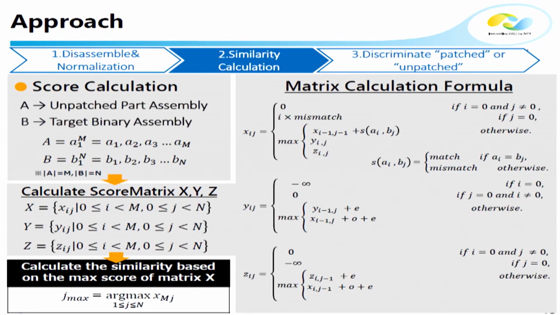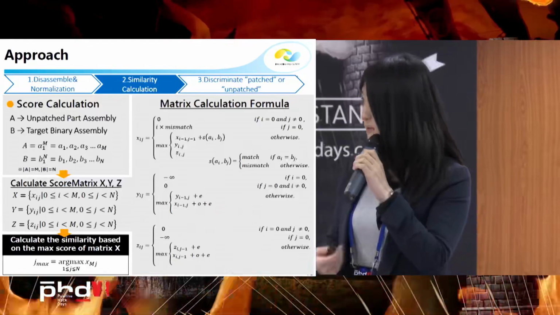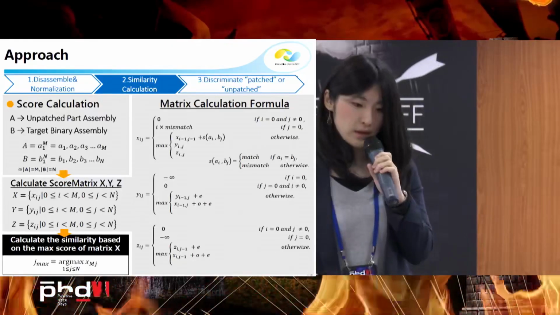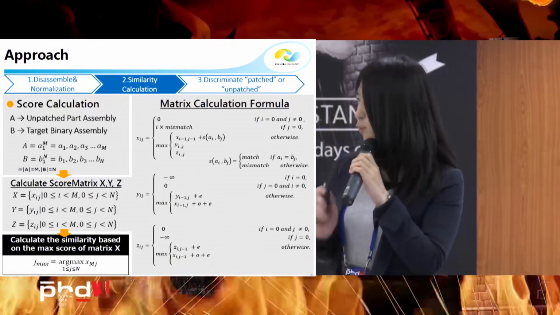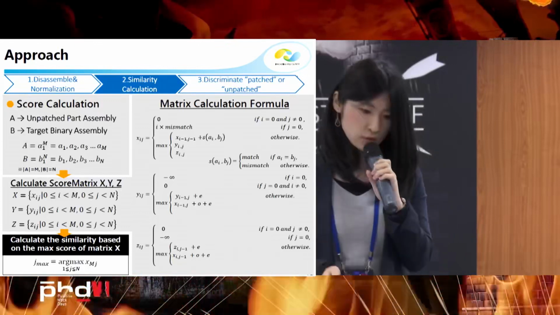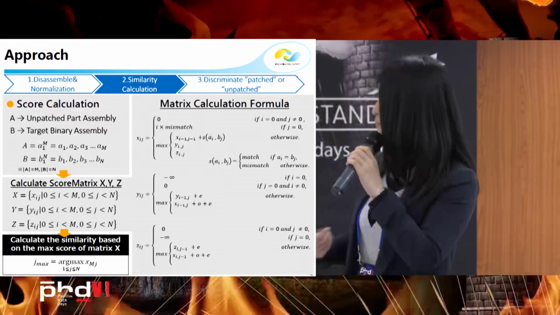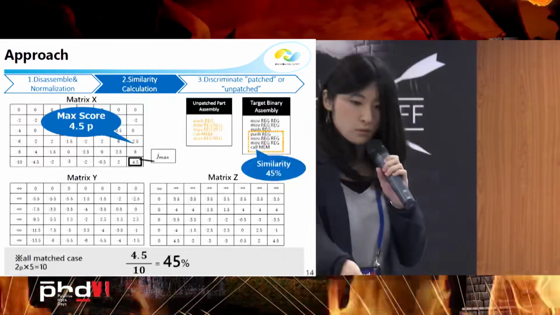After that, the formula calculates the score matrices X, Y, and Z. After calculating the score matrices X, Y, and Z, the maximum point from score matrix X is used for the similarity calculation.